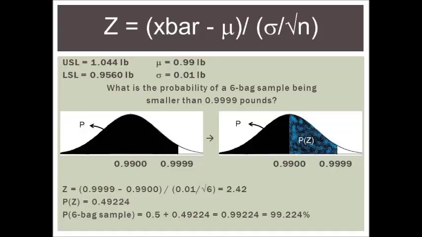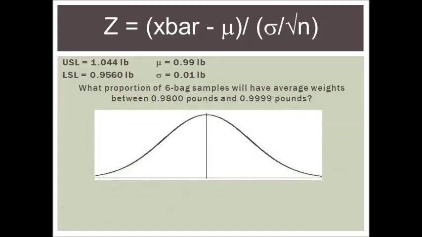So we add 0.5 to 0.49224, and we find that the probability of pulling a 6-bag sample that has an average weight of smaller than 0.9999 pounds is 99.224%. Now let's look at the third question.